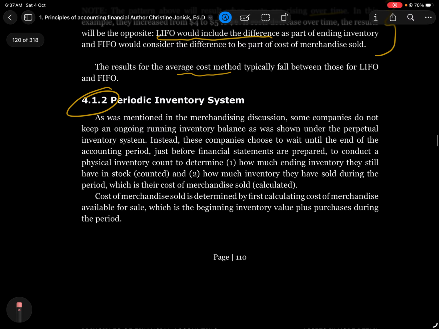So the periodic inventory system is where companies do not keep ongoing running inventory. Company basically chooses to wait until the end of an accounting period, just before the year end or month end, and does an inventory count.